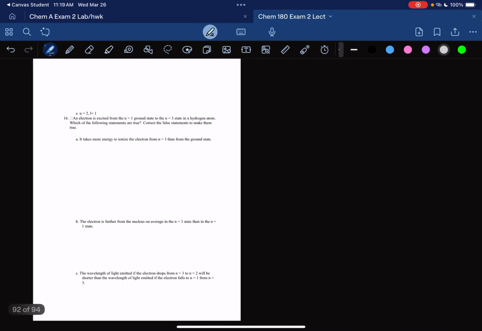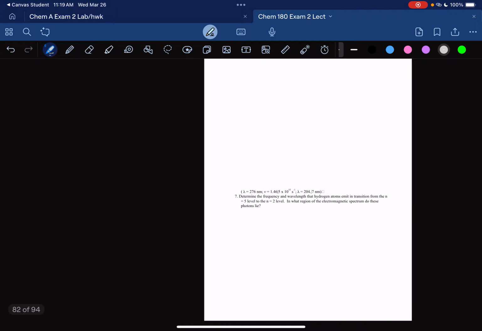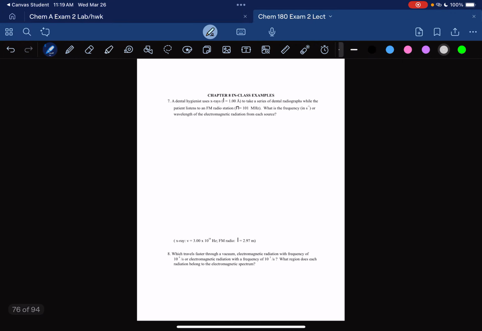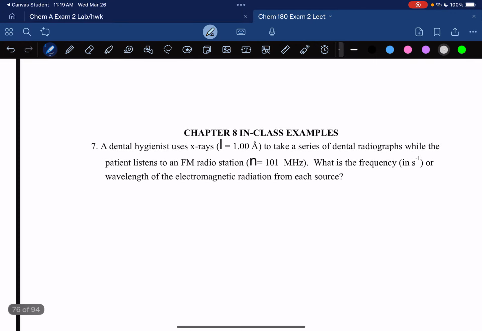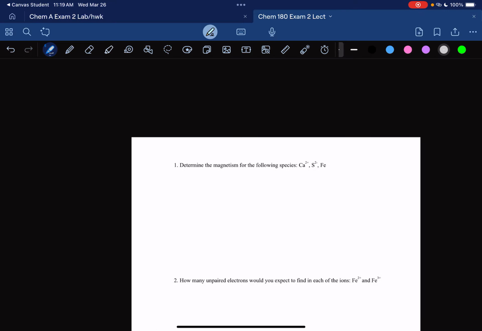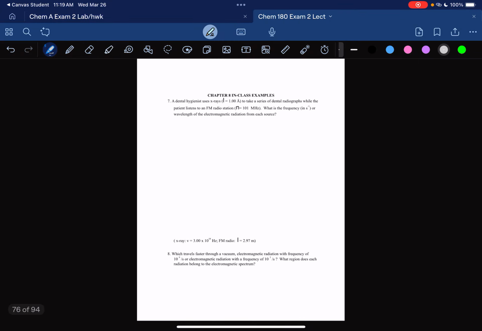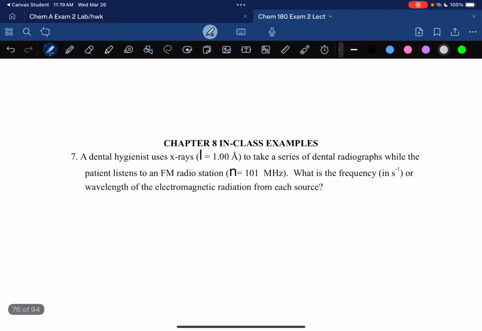What is C? The speed of light. Those are for electromagnetic radiation. We're dealing with electromagnetic radiation because X-rays and radio waves are both within that spectrum. So we just use this equation to find the missing one.